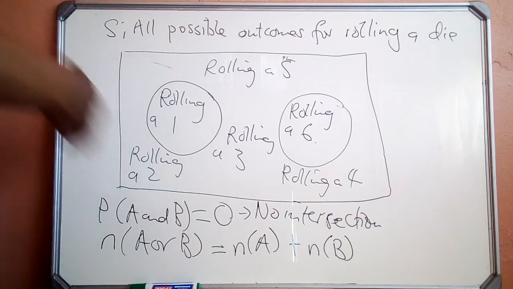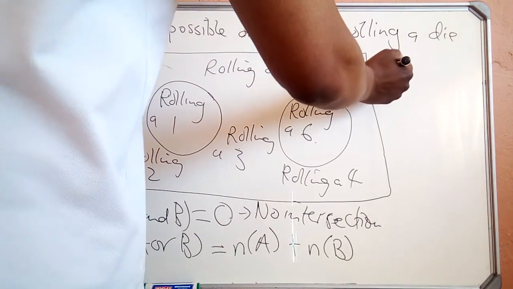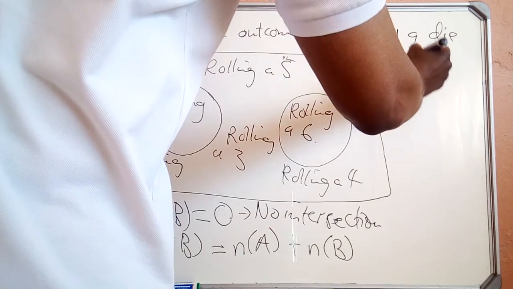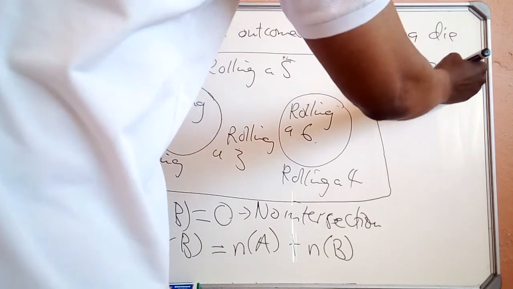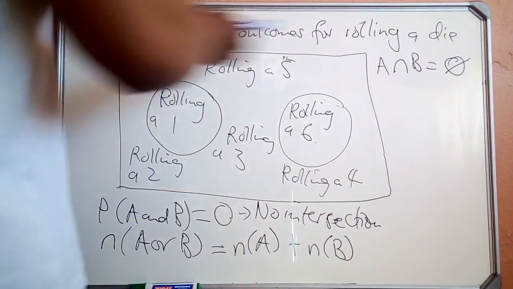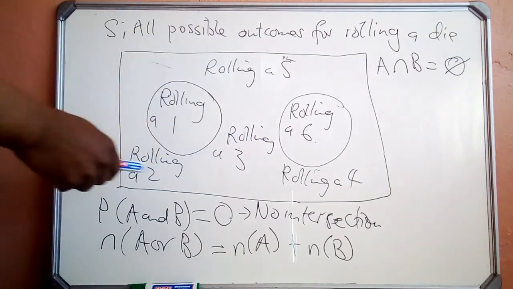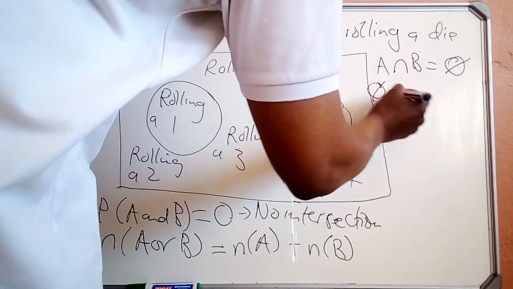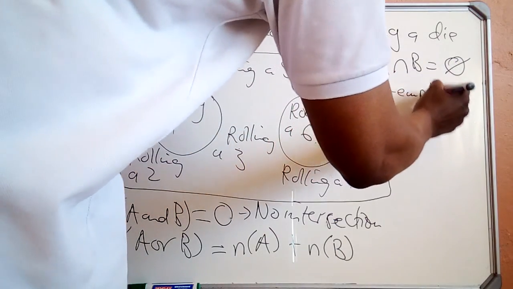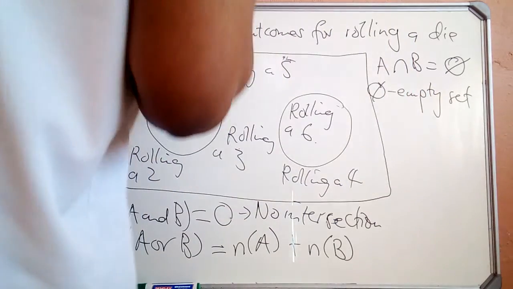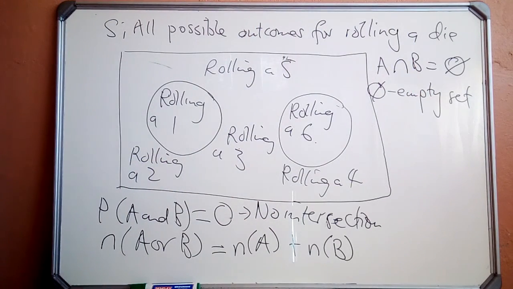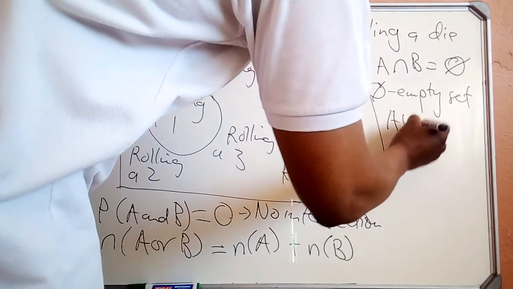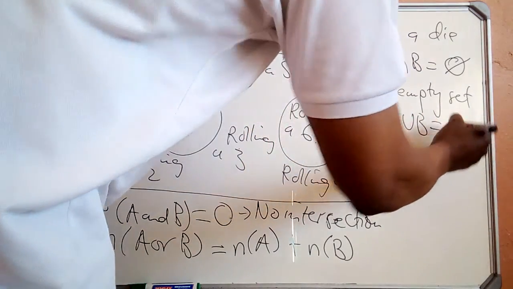However, we can still express this differently. We can say again that A intersection B is equal to an empty set. Now, if you see a 0 like this, cancelled with a diagonal, it means that this is what is known as an empty set. All right, it is an empty set or a null set. And also A union B is equal to 0.